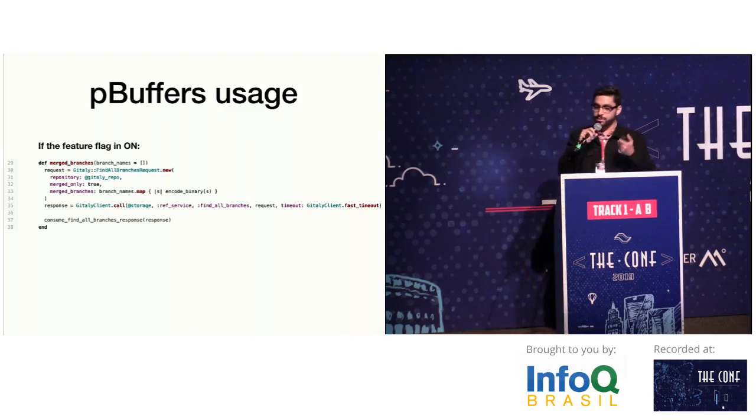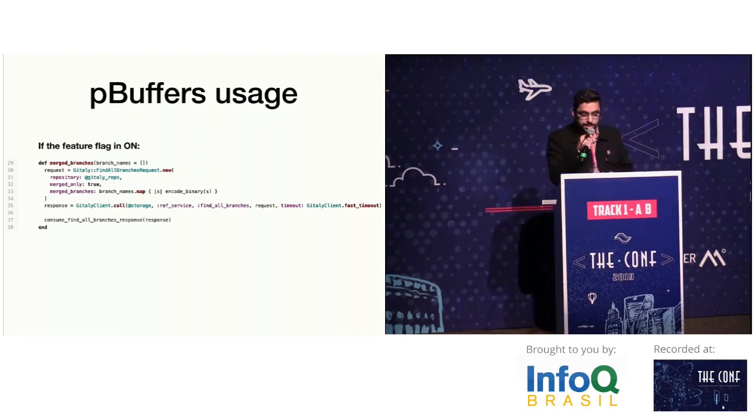So let's say we want to know which are the merged branches. We built this request there, this Gitaly find all branch request. And it's cool because you don't really need to write this code, because this exact code is being generated by protocol buffers. So we are passing a repo, a flag, and the merged branches. And we are also setting the timeouts there.